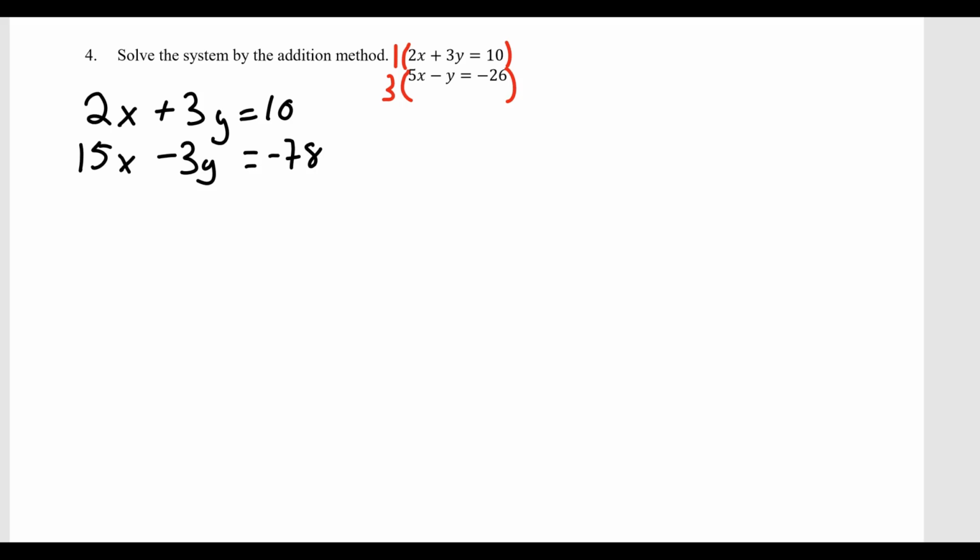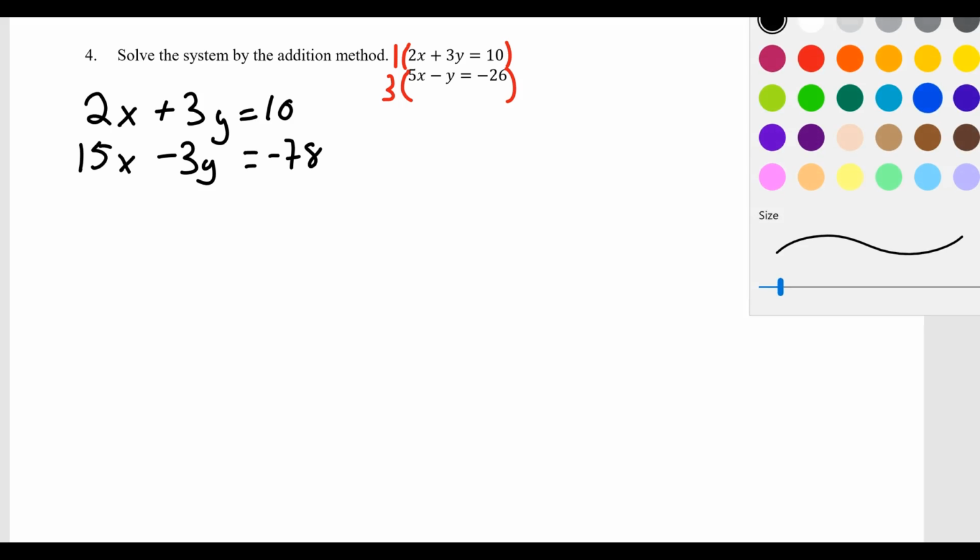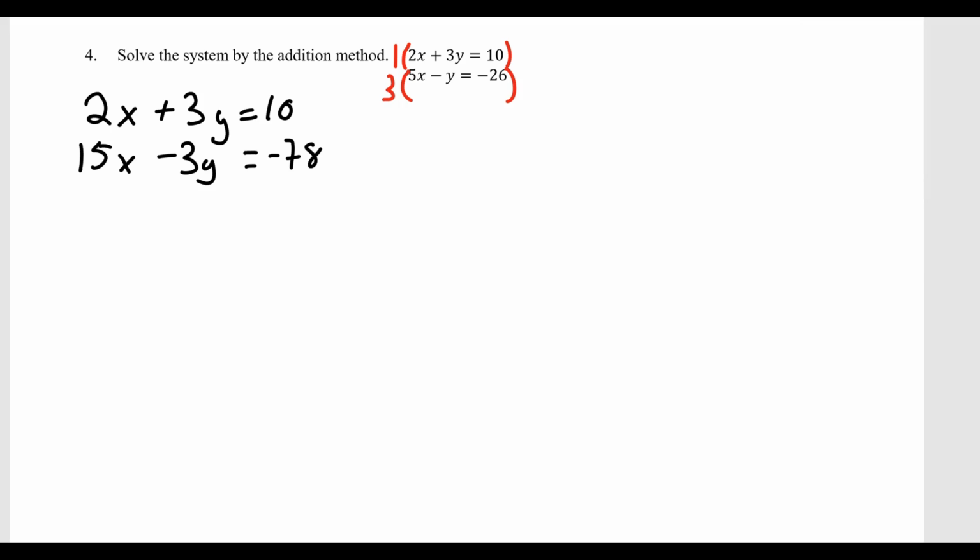Now notice how my y's are the opposite number. They're both the same number, just opposite signs. So I'm going to add these two equations together so these cancel out, leaving me with 2 plus 15 is 17x equals a 10 minus 78 gives me a negative 68.